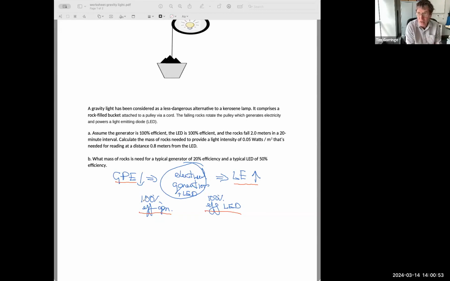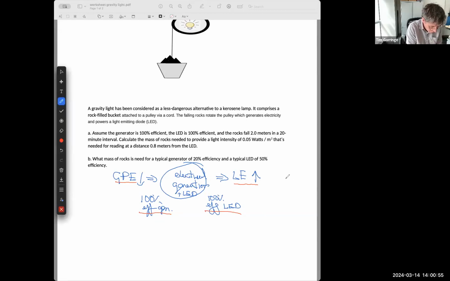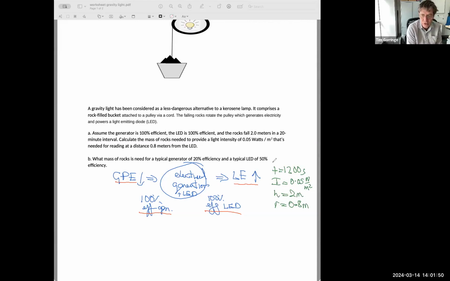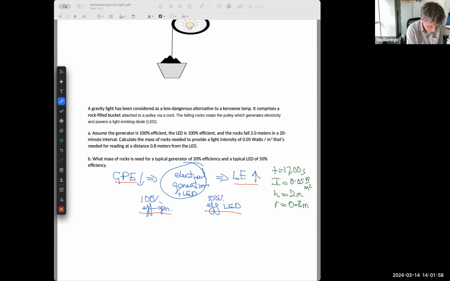Now I'm going to write down a few numbers that we need for this problem. And here are the numbers. We want to operate the light for 20 minutes. 20 times 60 is 1,200 seconds. So that's the time we're going to run the light for.